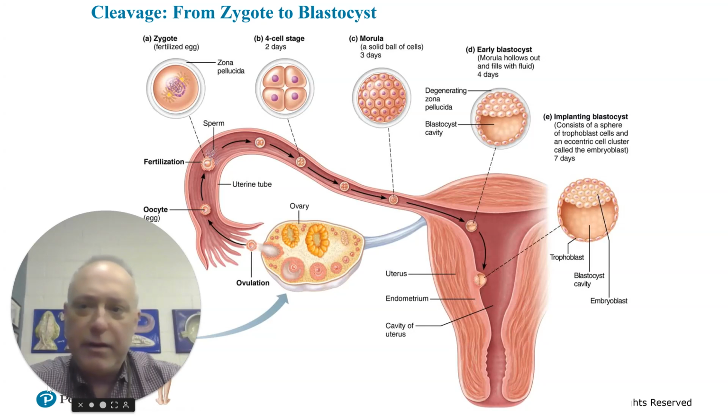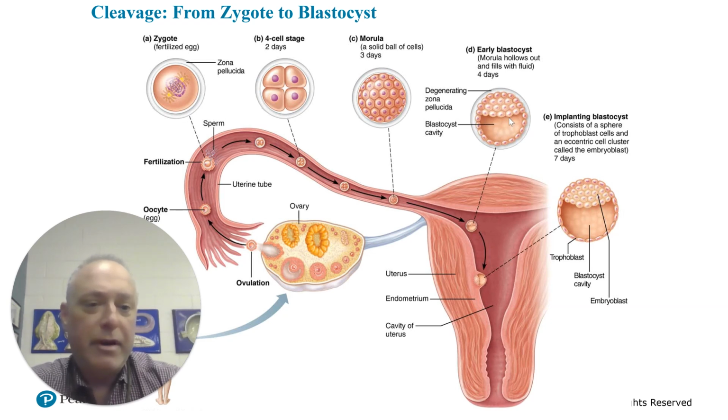So if we look at the path that the oocyte takes, firstly, fertilization is going to occur in the oviduct. As the oocyte is getting swept downstream into the uterus, the fertilized egg develops into a zygote, then a morula, then a blastocyst.